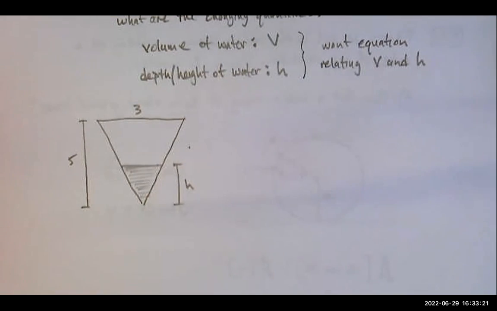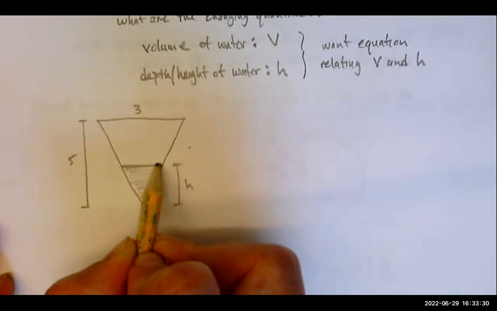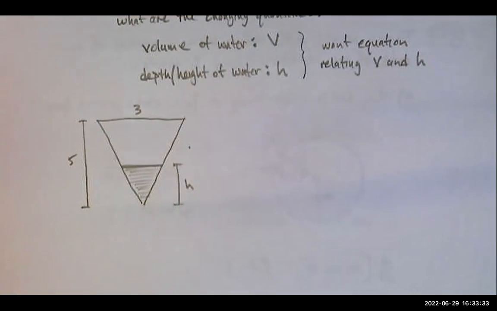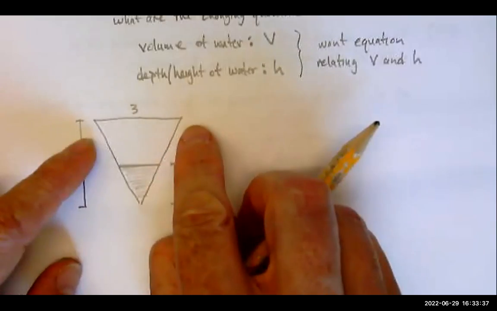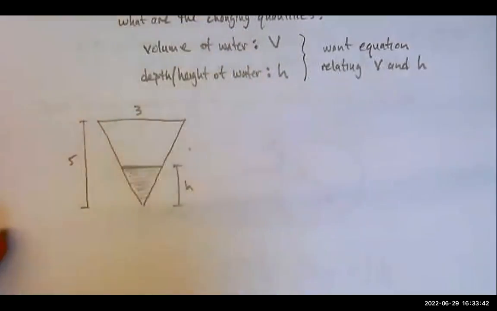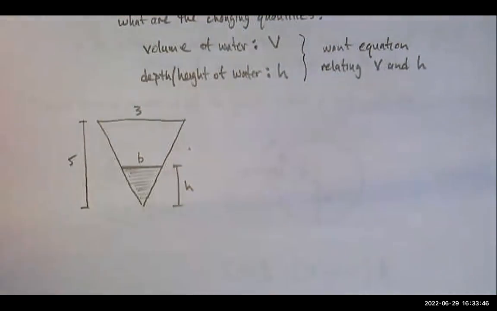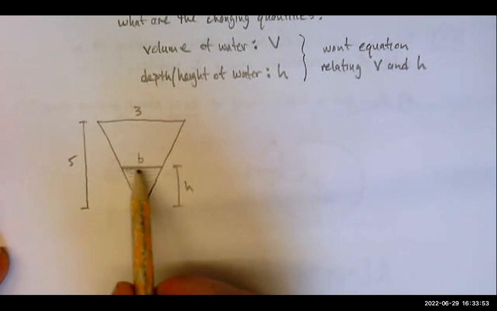There's also another distance that's changing, and that's this distance across the top. As the water level goes up, that distance gets wider and wider as it goes up and up and up, eventually getting to 3. I'm going to call this B, and I'm using B for a reason there. Think about this. That's a triangle.